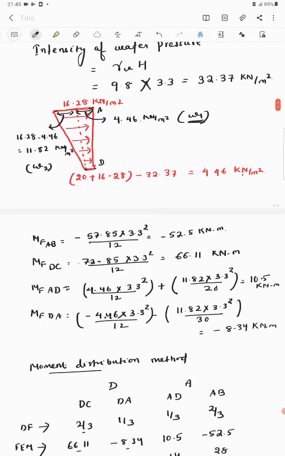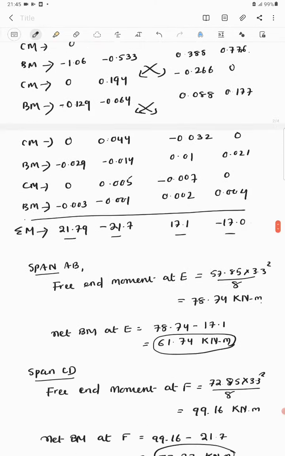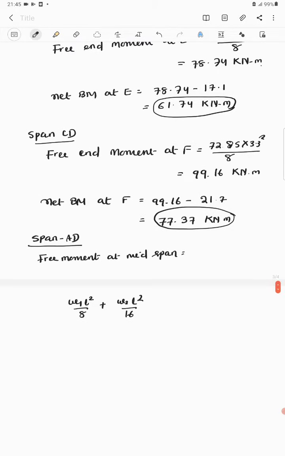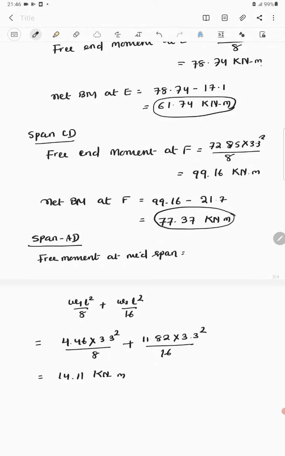W1 is the uniformly distributed load, so W1 L square by 8, and for triangular this is W2 L square by 16. So W1 is how much? 4.46 into 3.3 square divided by 8 plus W2 we have calculated 11.82 into 3.3 square divided by 16. So this will be 14.11 kilonewton meter.